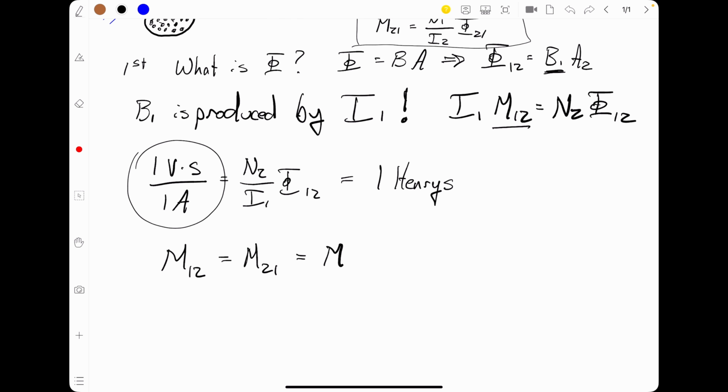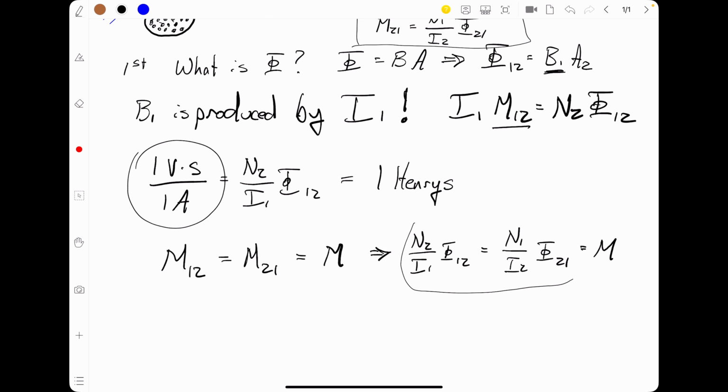So what does that mean? What is the meaning of this? That means that N2 over I1 times phi of 1, 2 is equal to N1 over I2 times phi of 2, 1, and both of those things equal this M. So these are more equations that we can use if we happen to know currents and we happen to know the number of coils for the winding.